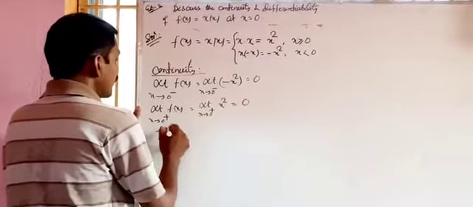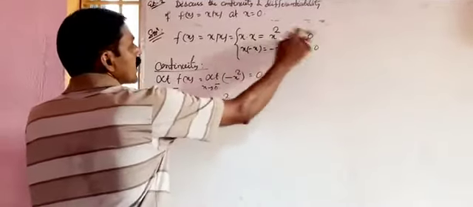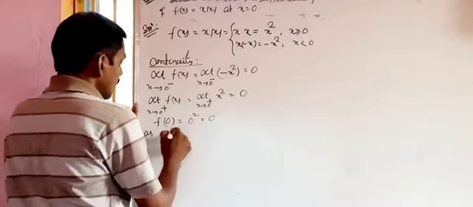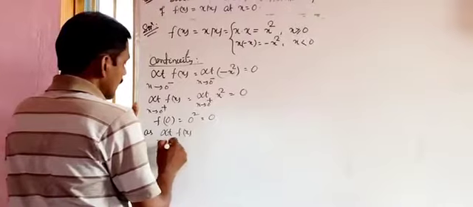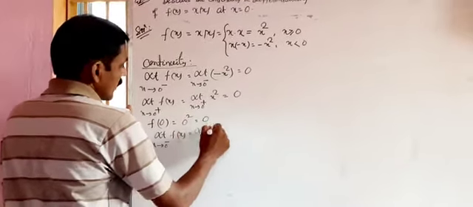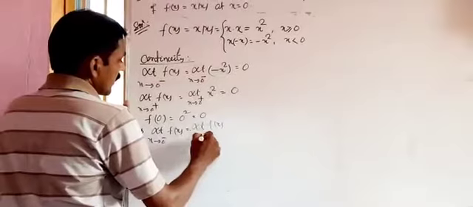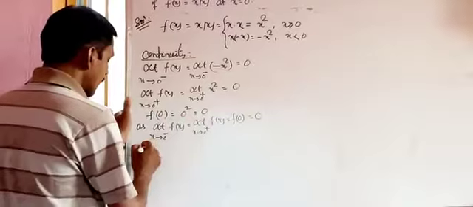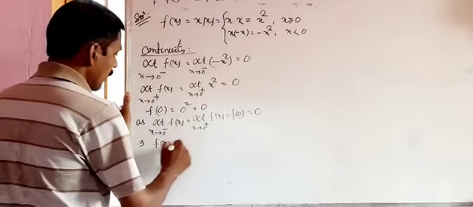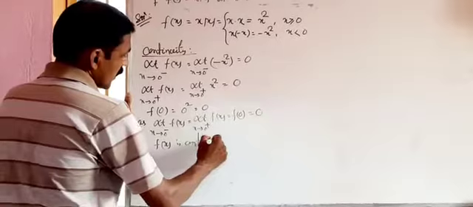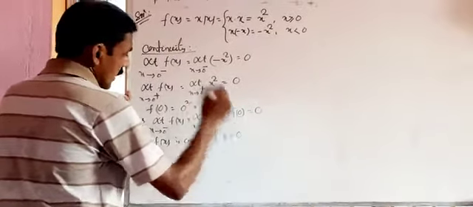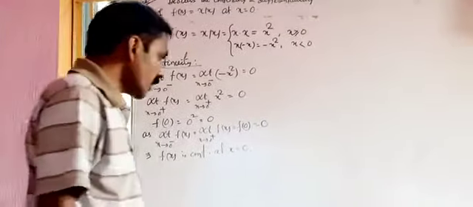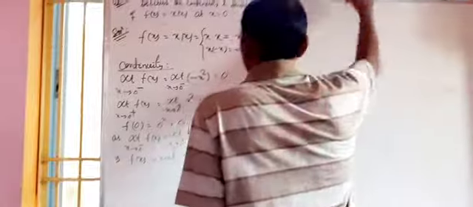And what is f of 0? f of 0 is also 0 square, which is 0. So limit of f of x as x tends to 0 minus equals limit of f of x as x tends to 0 plus equals f of 0, all are 0. This implies f of x is continuous at x equal to 0. We have proved the continuity. Now second is differentiability.